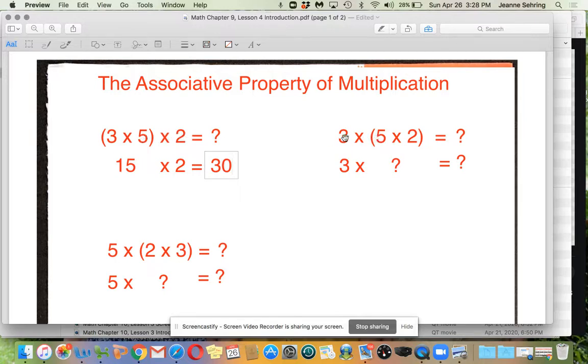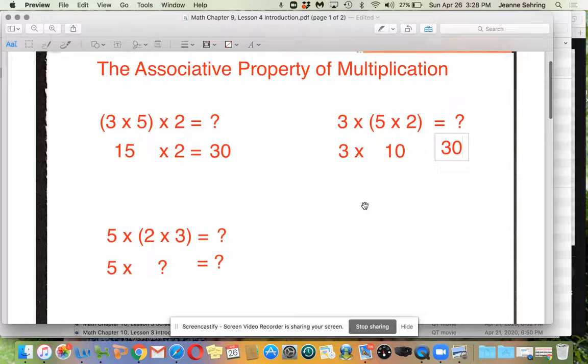Over here, the 3 is outside and 5 and 2 are inside the parentheses. But it's the same 3 factors, 3, 5, 2. I just moved the parentheses. But let's see what happens. 5 times 2 is 10, and 3 times 10 is 30. Look, the answer stays the same.